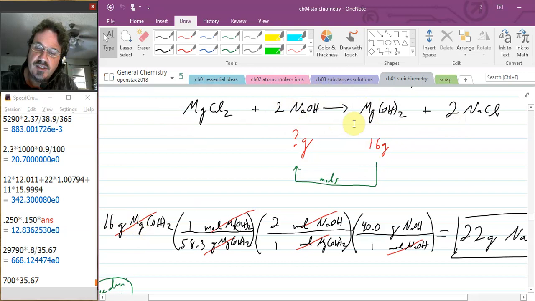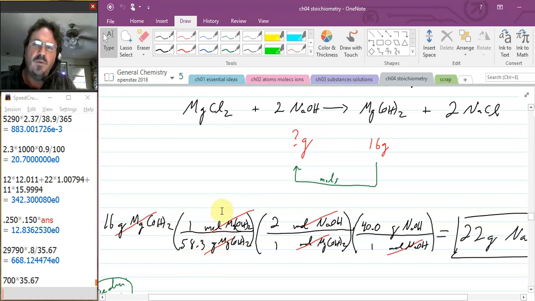These coefficients out in front relate moles or molecules, not grams. This is not saying 1 gram of magnesium hydroxide reacts with 2 grams of sodium hydroxide. No, that's wrong. It's saying that 1 mole reacts with 2 moles. So if I want to use my conversion step to go from one species to another, I absolutely must go to moles first in my solution.